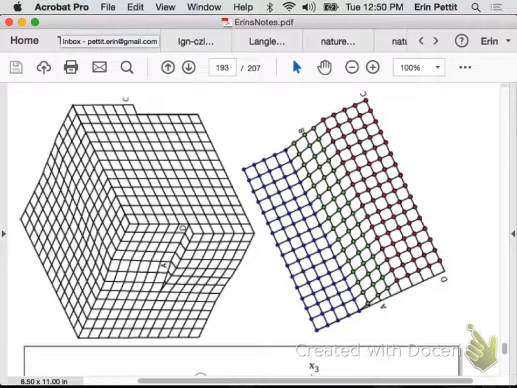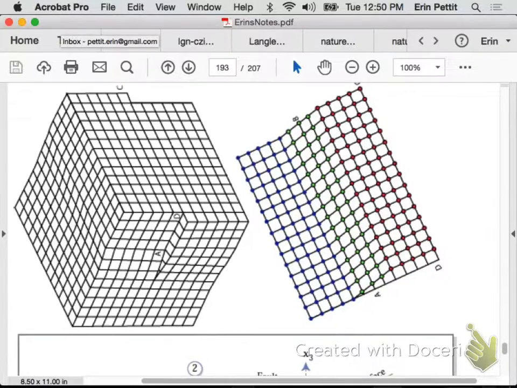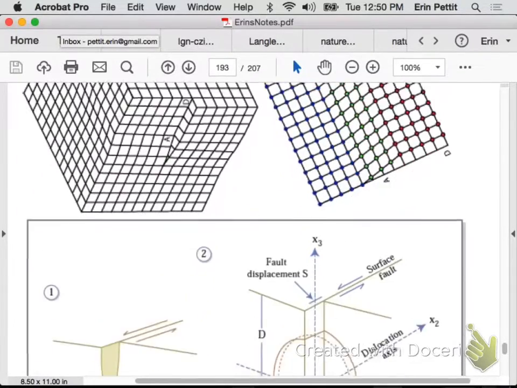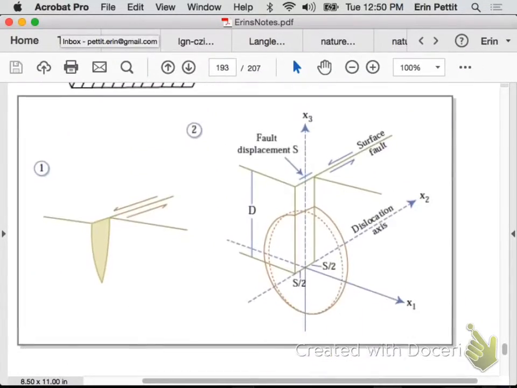Well, in this case, you would spiral that way. But that's why they call it a screw dislocation. It's kind of like a shear. There it is, and you can see the spirals. If you walked this way, you would come out there. You wouldn't end up where you started if you tried to walk in a circle.